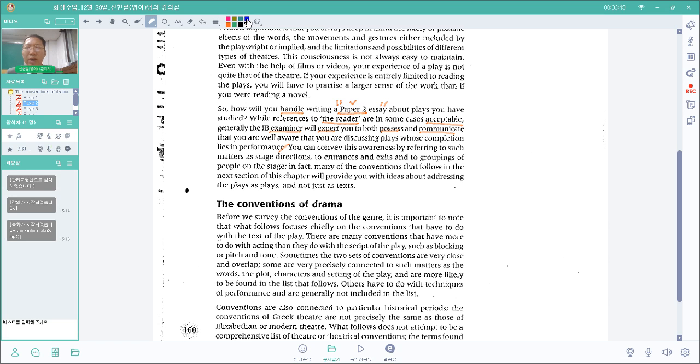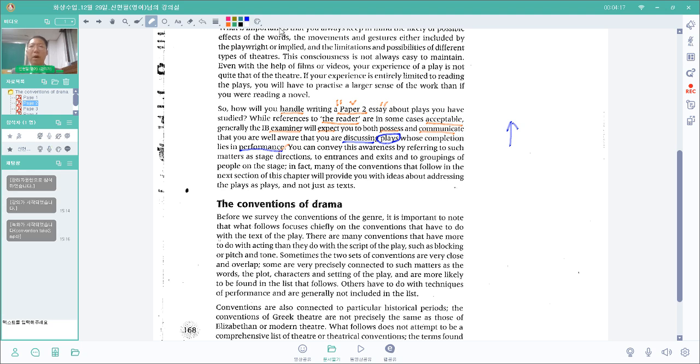In other words, in order to have a good score in a Paper 2 IB essay, you have to discuss the play knowing that the play is actually written for performance. So you have to show your knowledge and your analysis that the drama is originally written for stage performance.